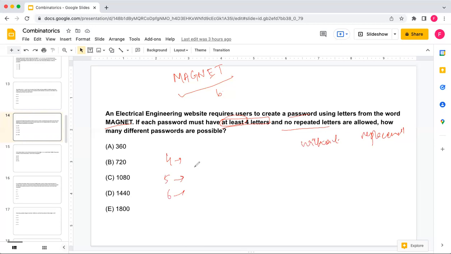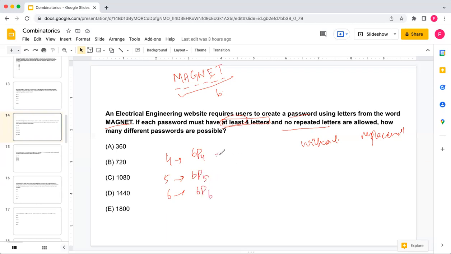Now the thing is that this is a password, and you need 1 value for each of the positions, so the order of selection is not the same. That's why this is a permutation problem. In permutation, you are picking 4 out of 6, 6P4, 6P5, and 6P6.